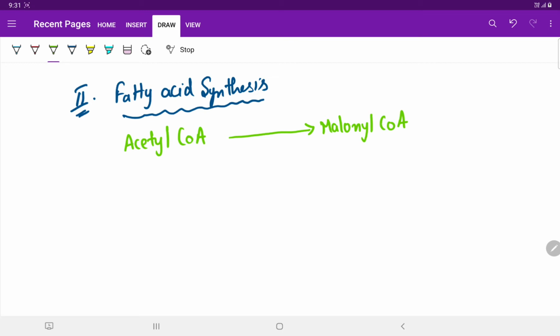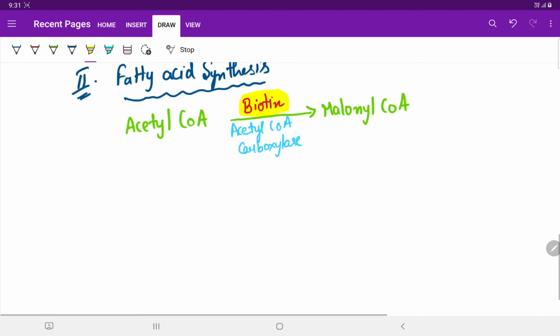The enzyme involved is acetyl coenzyme A carboxylase. So here you can see biotin is acting as a coenzyme.